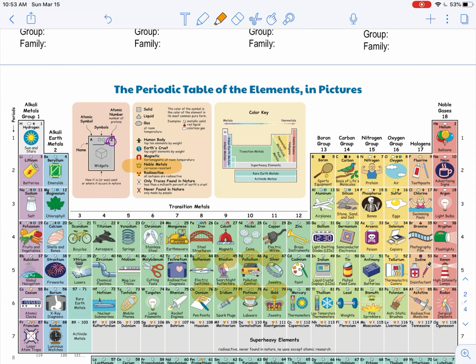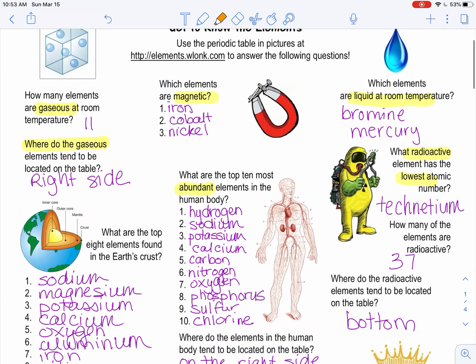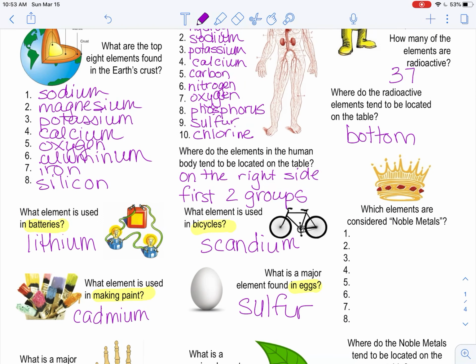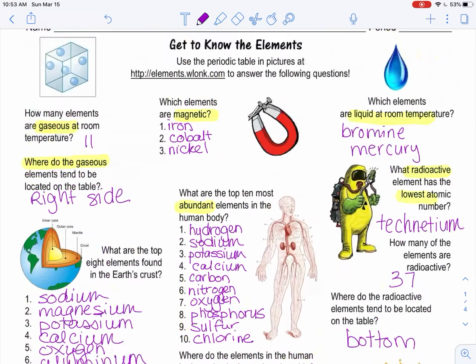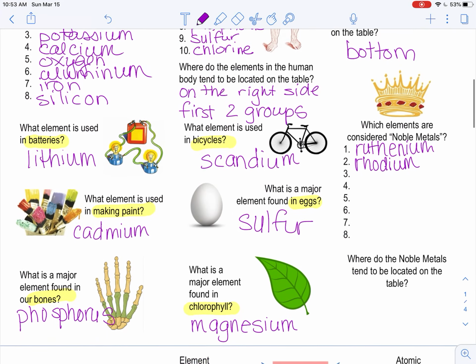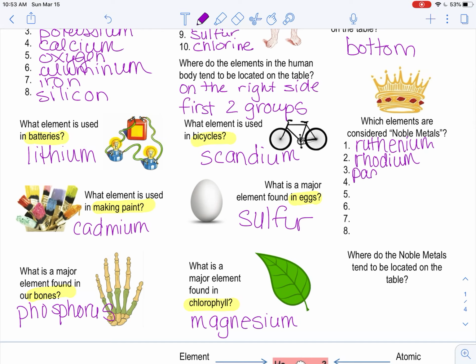Ruthenium and rhodium. Ruthenium and rhodium. Palladium and silver. Oops, let's try that again.